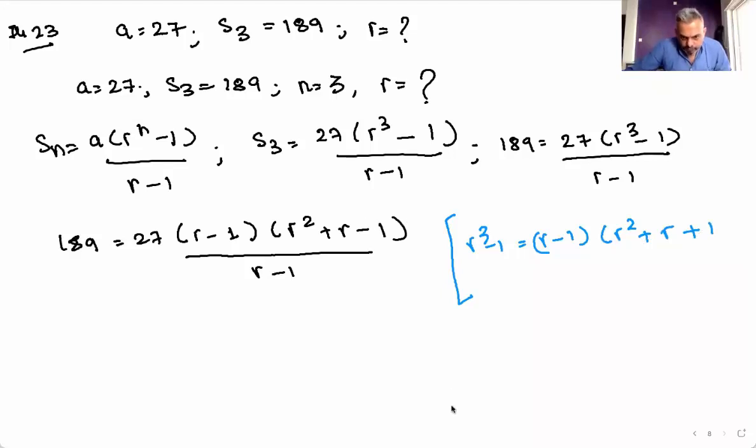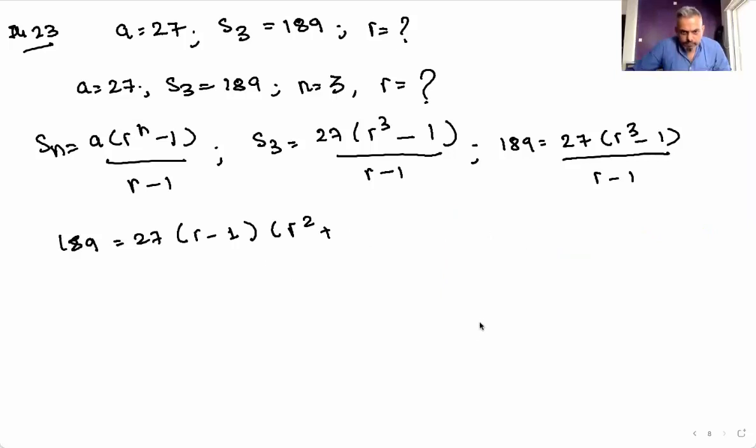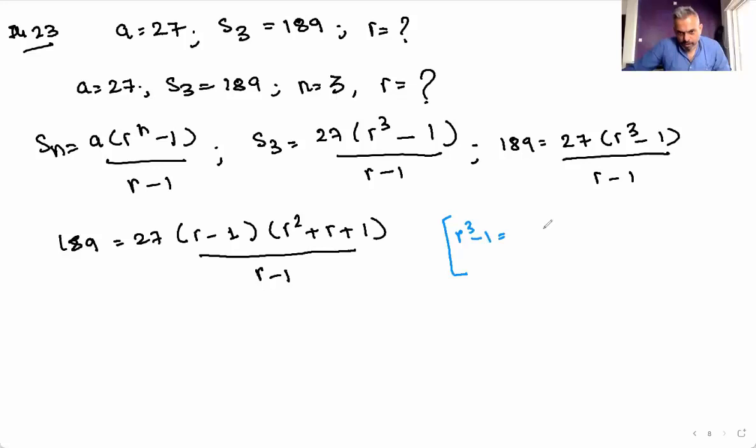Let me write it again. Which is equal to r square plus r plus 1 upon r minus 1. r cube minus 1 is equal to r minus 1 into r square plus r plus 1.